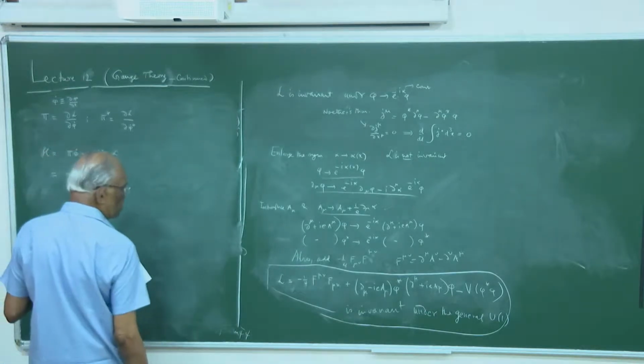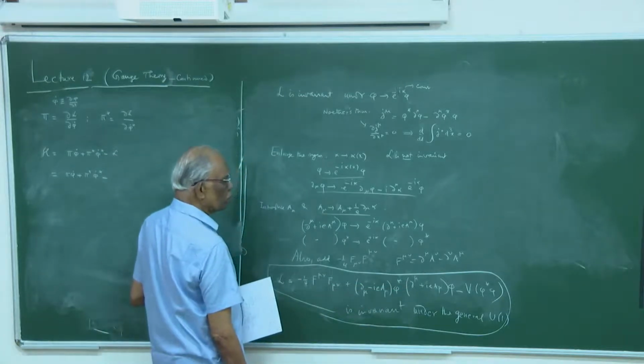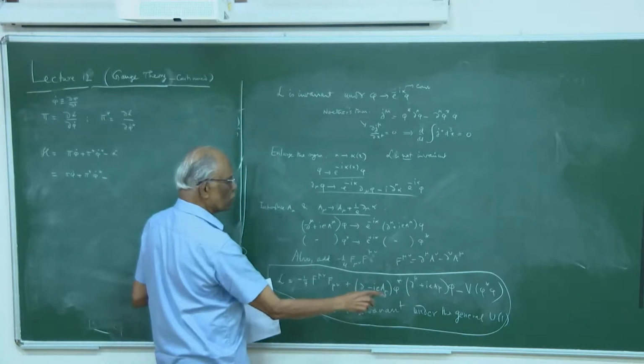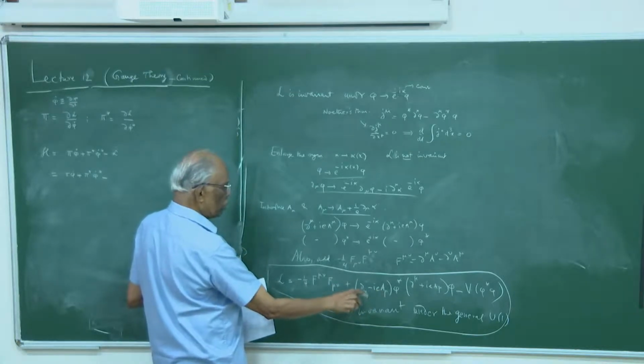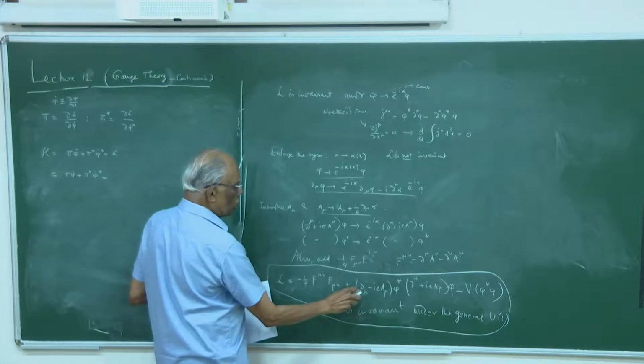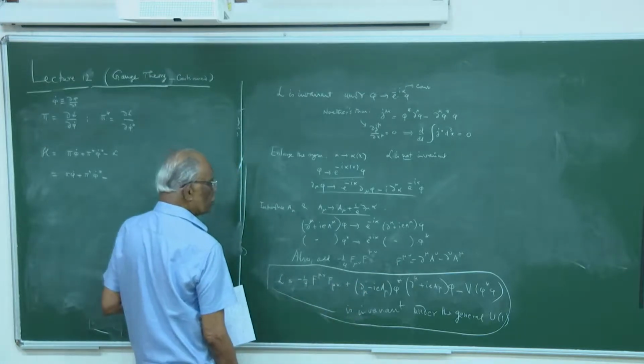But remember this: d mu is d0 phi star into d0 phi, that is phi dot star into phi dot, minus the spatial thing. I am going to separate the time and spatial parts because for forming the Hamiltonian, that is what we have to do.